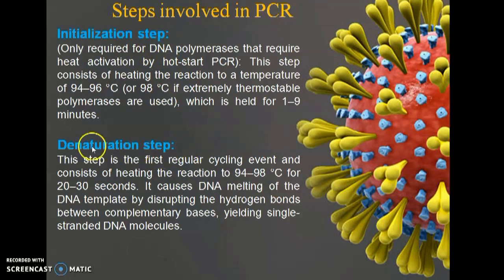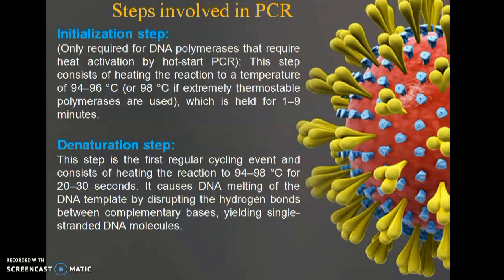Let's see, first is the denaturation step, and this is the first step in the PCR cycle, and it consists of separation or melting of DNA into single strands.